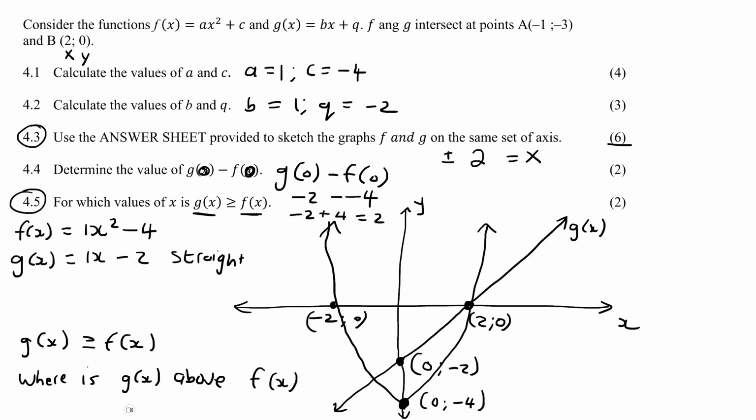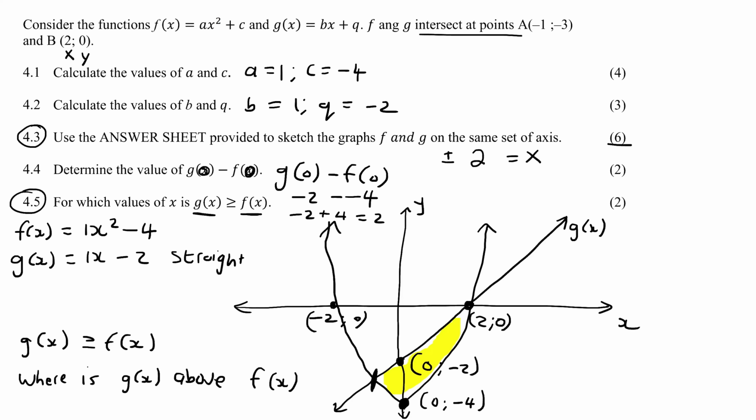Can you see that in this area here? Which graph is above? You can see that the graph of g is above the graph of f, which is over here. And so the answer is going to be from this point, which we actually do have. I just forgot to write it in.